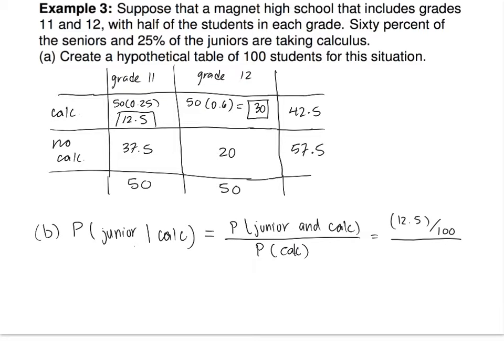What's the chance that somebody's going to be in calculus? How many people are in calculus? 42.5 out of the total number of students. So do the hundreds matter? You can take out the hundreds, and just say, looking at just my calculus row, there are 12.5 juniors in calculus out of a total of 42.5 students in calculus.